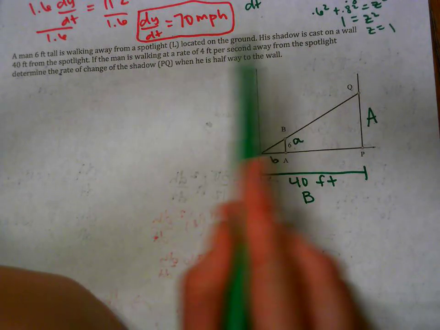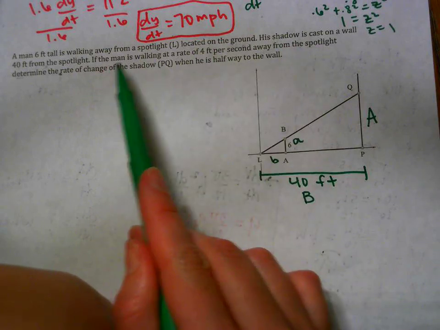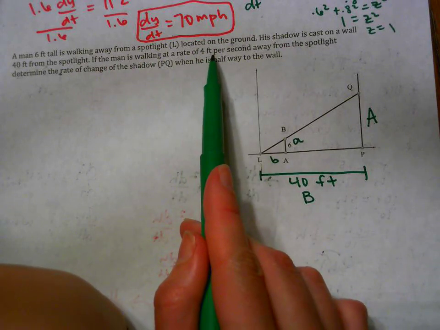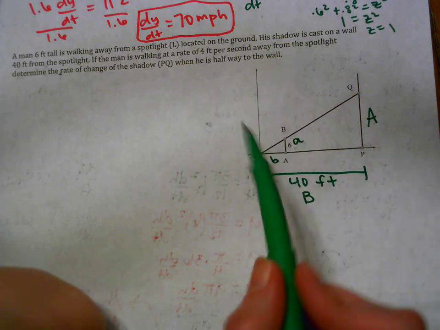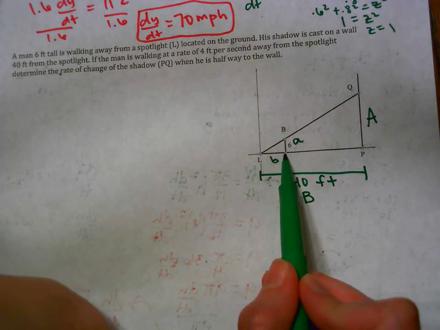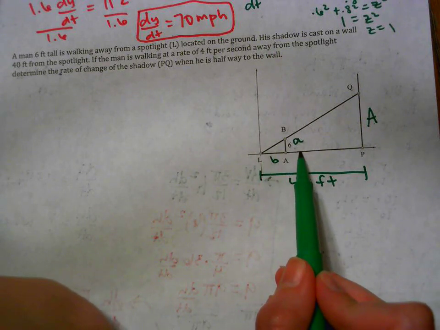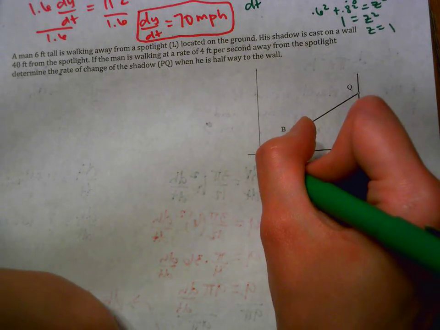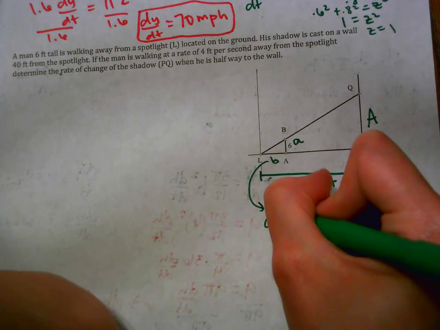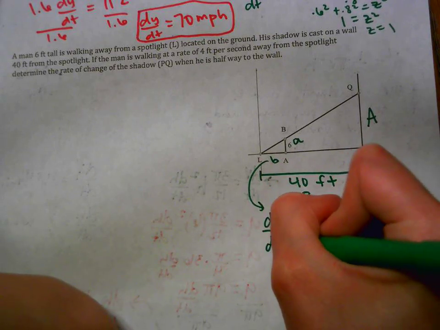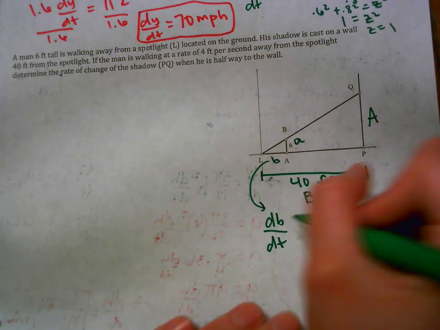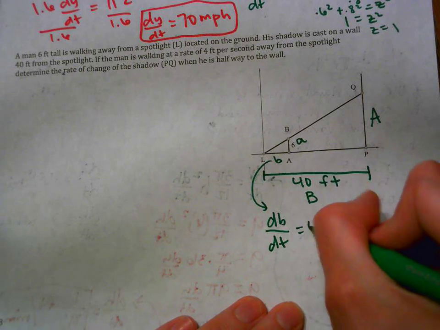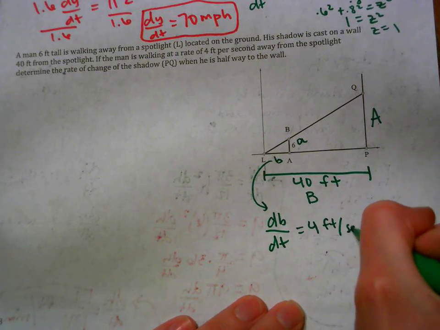Okay, so now we can maybe label some stuff. So it says, if a man is walking at a rate of 4 feet per second away from the spotlight. So that is this rate that b is changing. As he's walking, b is increasing at a rate, so lowercase db dt, sorry, I didn't notice my elbow was, would be 4 feet per second.